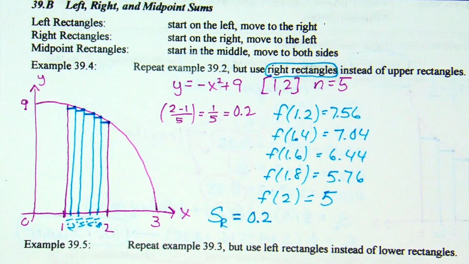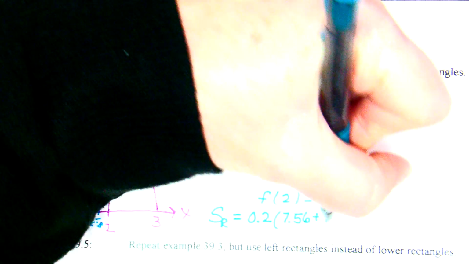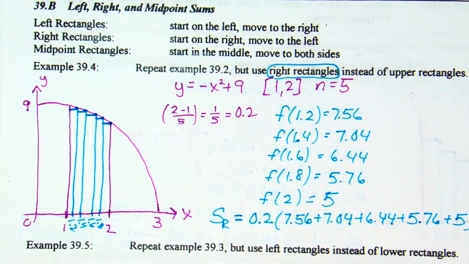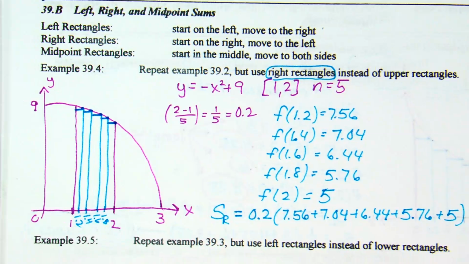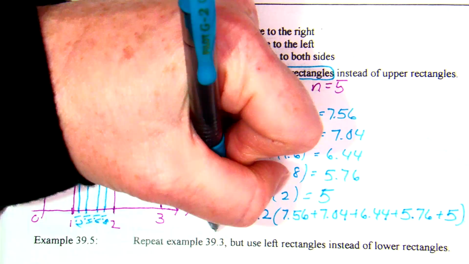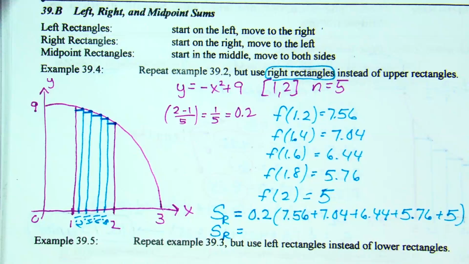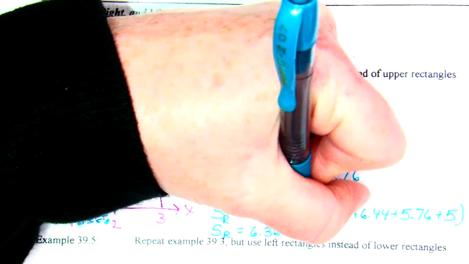So if I say 0.2 times the sum of those, 7.56, 7.04, 6.44, plus 5.76, plus 5. I feel like it's annoying that I write these all out, but on the flip side, if you look back at this later, I want you to know where the calculations came from. I got 6.36. You got it. 6.36 units squared.